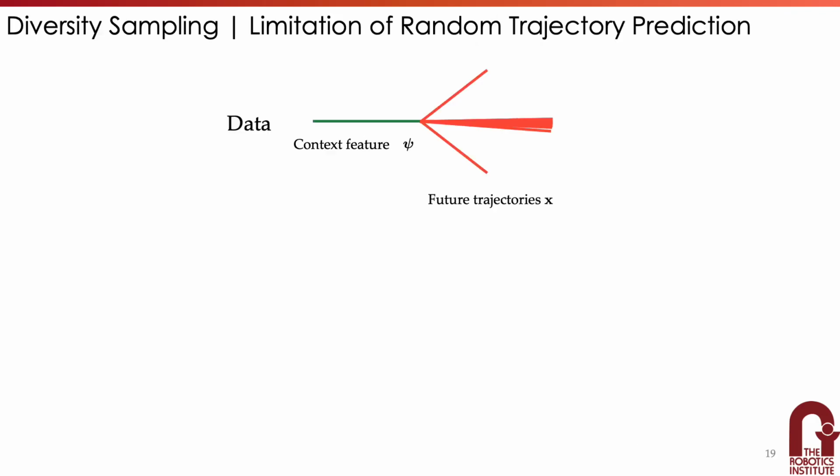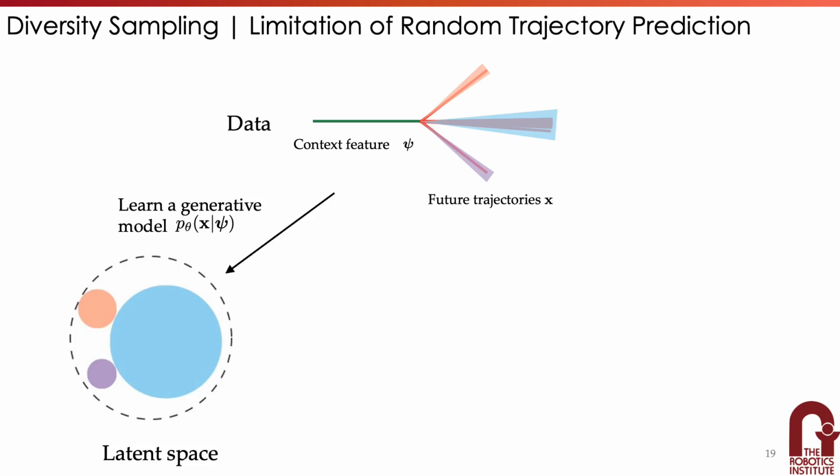Here we want to expand a little bit more on the diversity sampling technique we used. To understand why we need diversity sampling, let's take a look at a toy problem. Here we have some contextual features, such as past trajectories, and their predicted future trajectories corresponding to 3 different modes. The blue mode has the most data, while the pink and purple modes have little data.